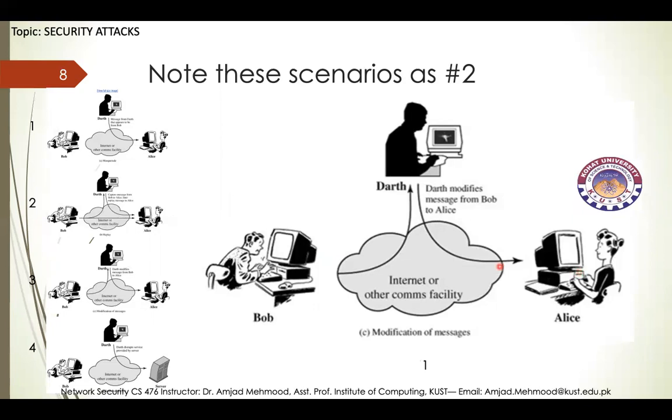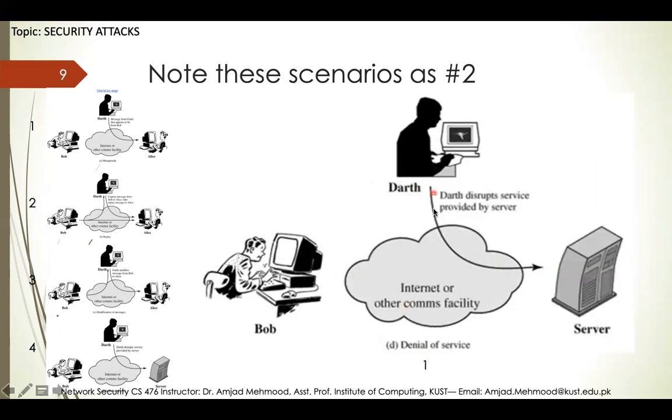This is modification of message: Bob is actually sending information to Alice, but Darth accepts that information, modification is performed, and then Darth sends it directly to Alice. You can see here that they are both connected through Darth. Whatever Bob sends is received by Darth first, and then Darth performs changes on the message content and sends it to Alice.